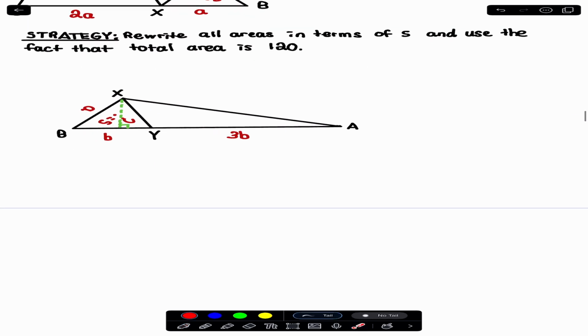Okay, triangles BXY and AXY. That was a horrible AXY.